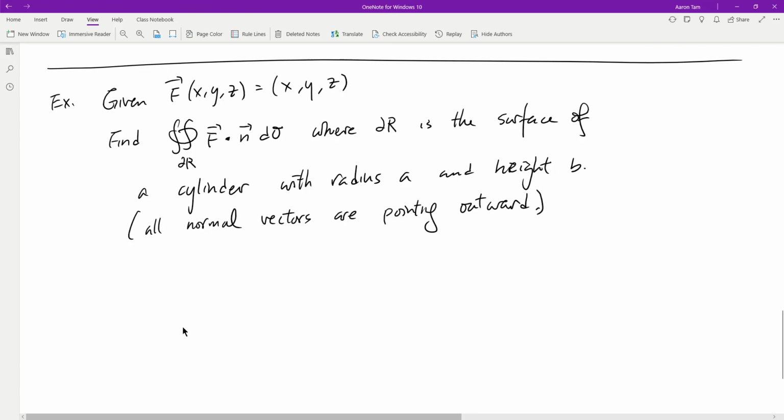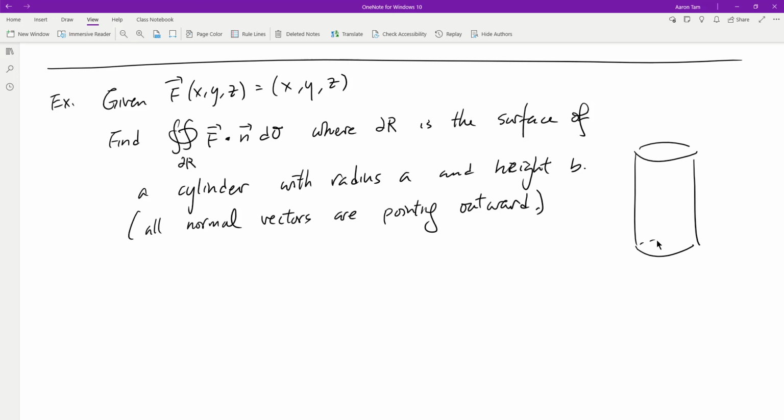And this time I'm going to use Gauss's theorem to figure it out. So let's go for it. Actually, let me draw the picture first. So here's my cylinder.